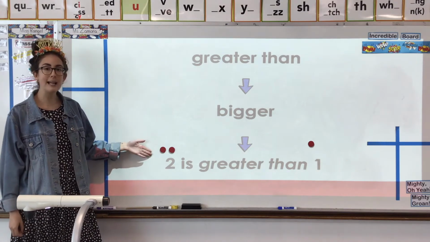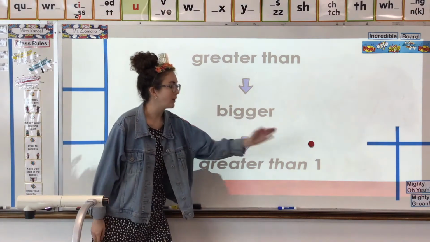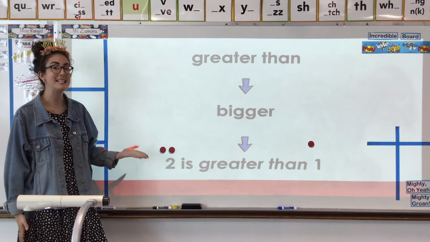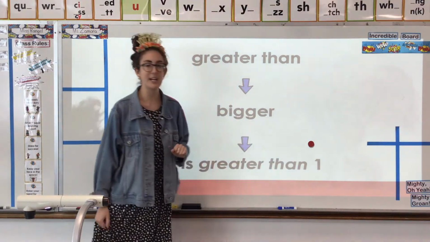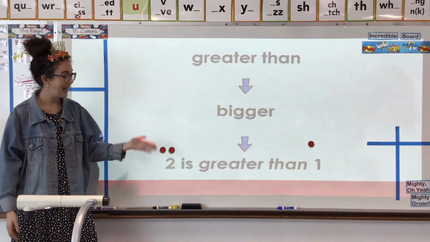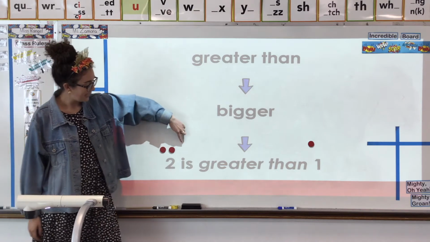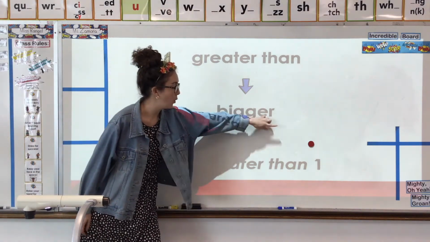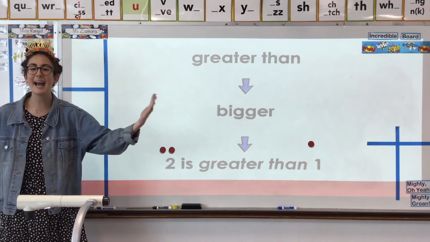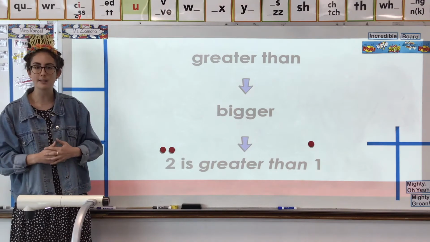So when we're writing these, we're describing what is 2's relationship to 1. How is the value of 2 different or similar to the value of 1? When we think about that, then we completed the sentence saying 2 is greater than 1. 2 is bigger than 1. It has more value, as we can see from our red dots.